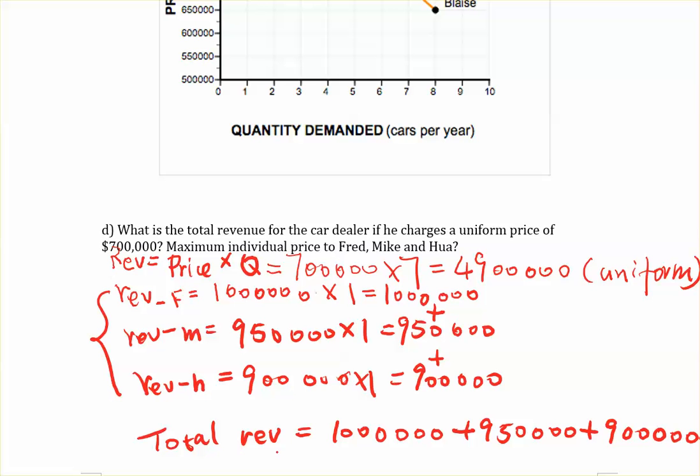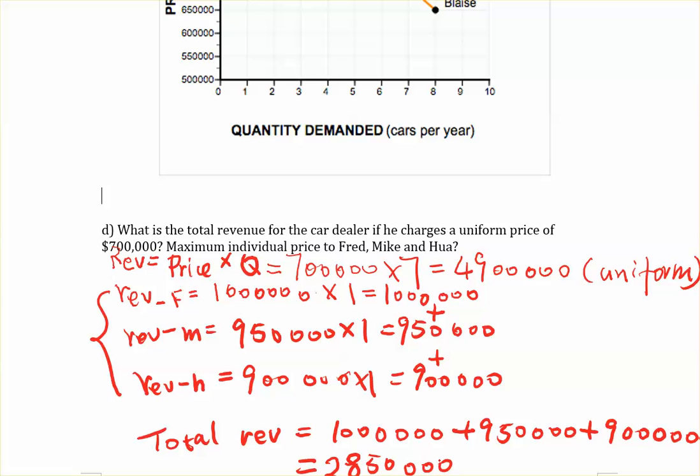You can use the calculator to do the calculation. If you add all of them together, 1 million plus 950,000 plus $900,000, you'll get, wow, $2,850,000.